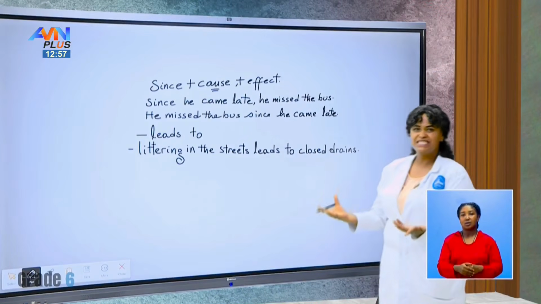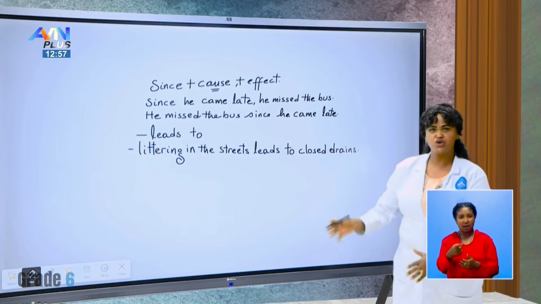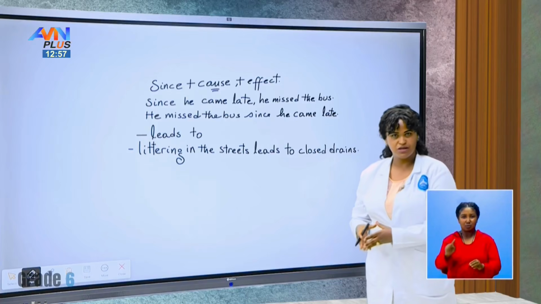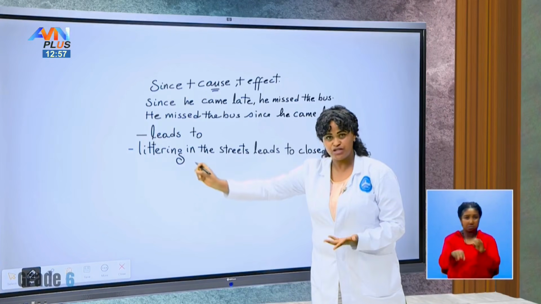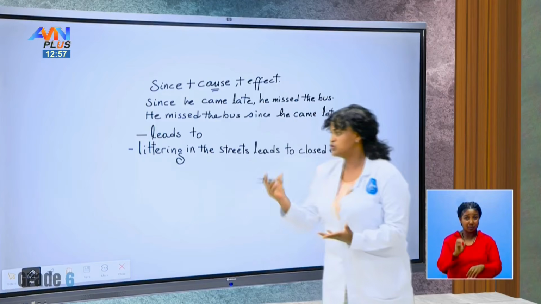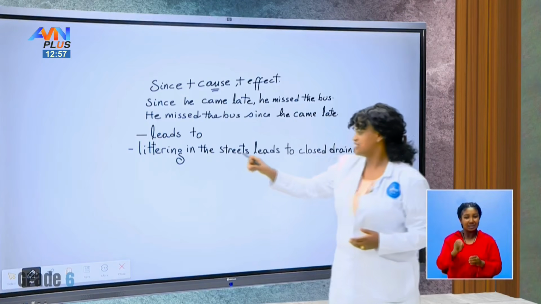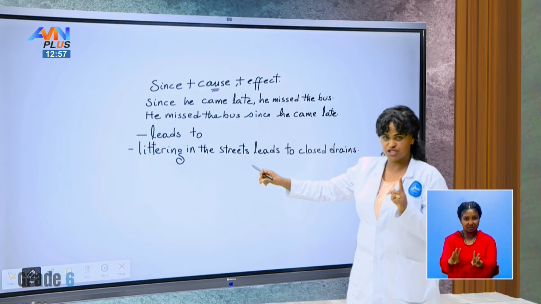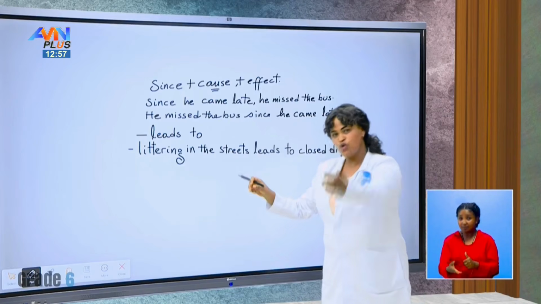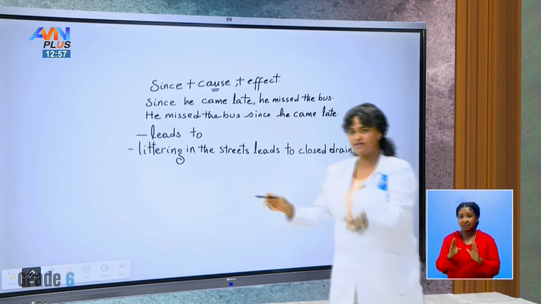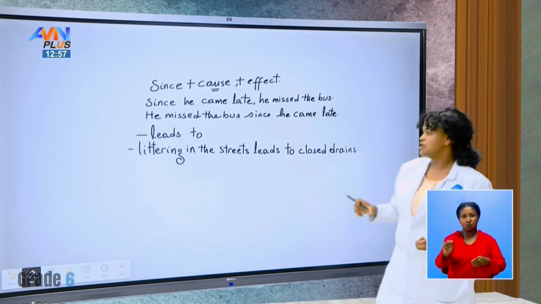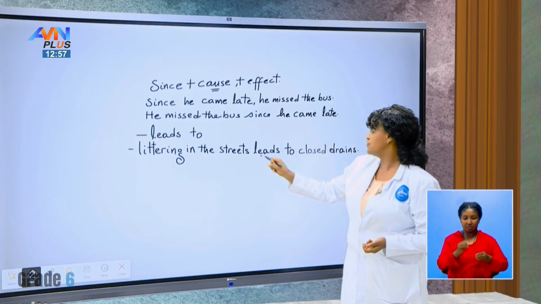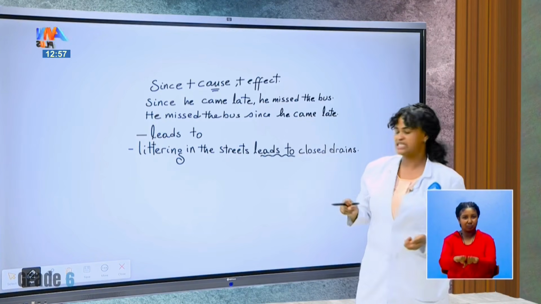Now, what is the reason? Why are the drains on the streets closed? Yes, the reason is what? Littering garbage, or throwing garbage, right? So how do we say? Littering in the streets, now this is the first action, and the consequence or the effect that comes after is what? Closed drains, right? So one other way of expressing cause and effect is what?